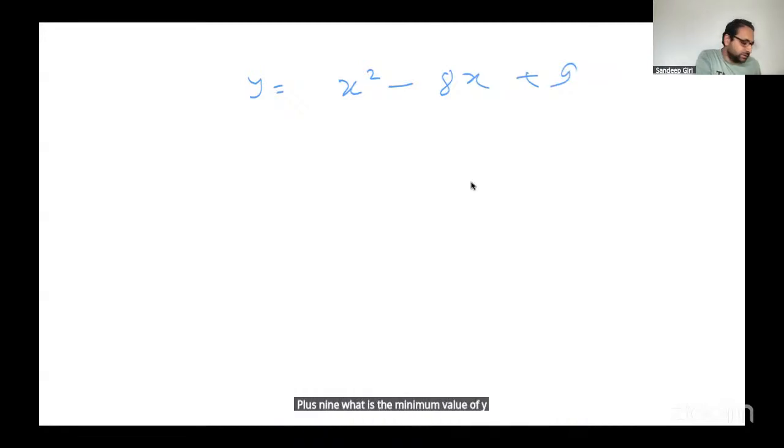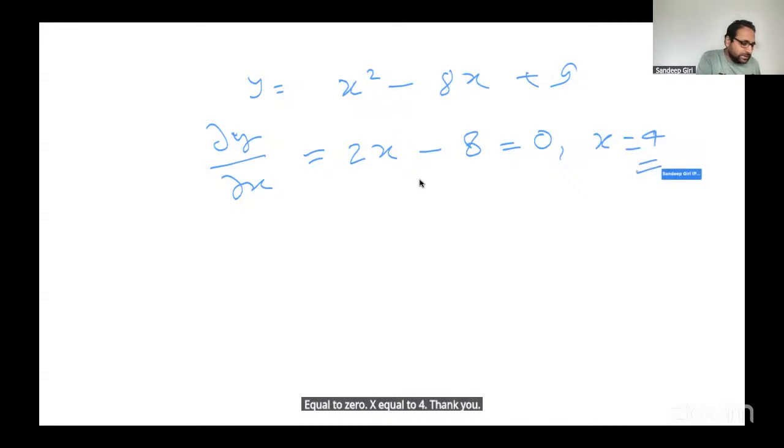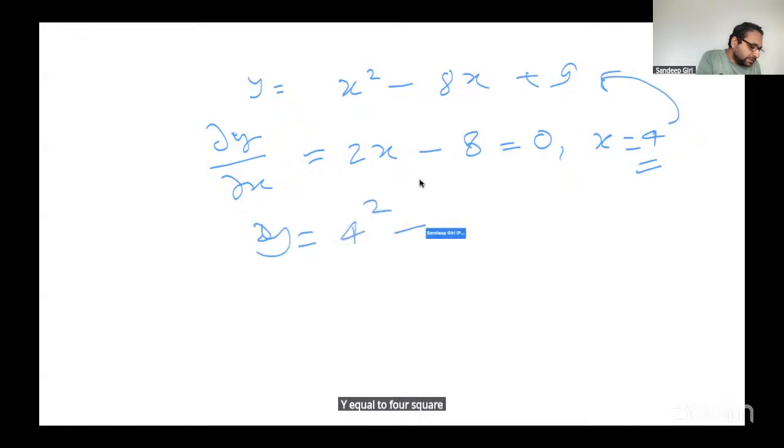Who can help me? Let's say dy by dx equals 2x minus 8 equal to 0, x equal to 4. Thank you, Kamla and Prince. And when you put this back in this, how much is it? y equal to 4 square minus 32.